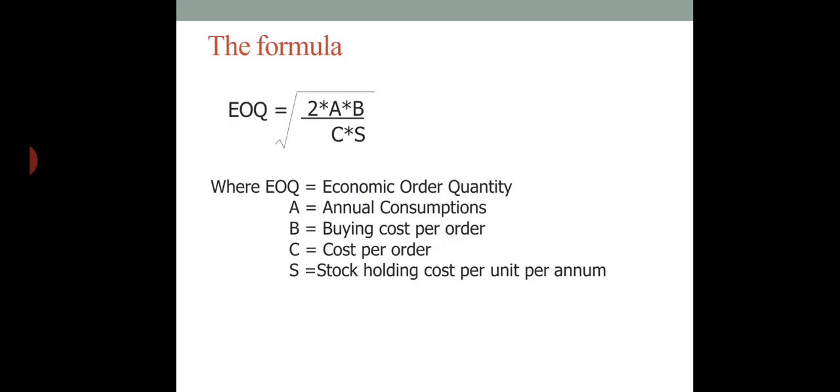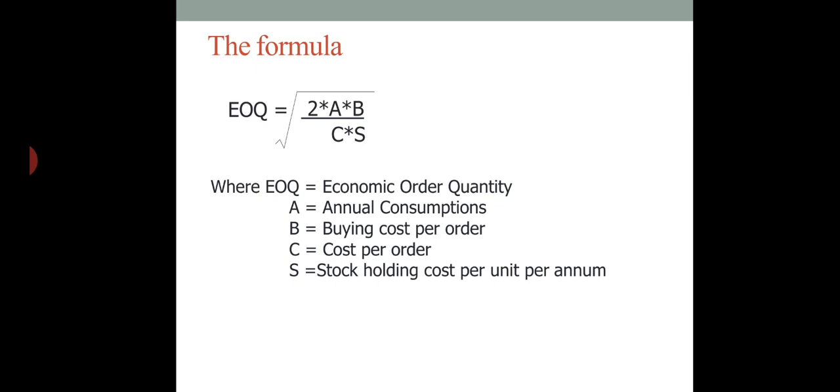The next slide explains the formula of EOQ. There are two methods of EOQ: one is the formula method and the other is the table method. The formula method is applied using an example. First let's see the formula. EOQ equals the root of 2AB divided by CS.